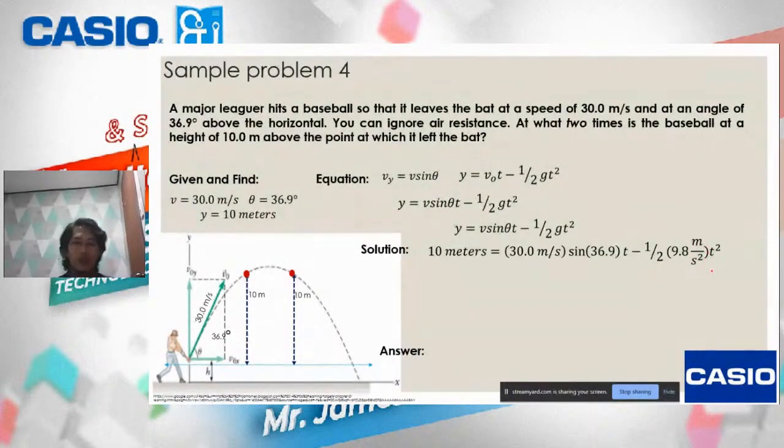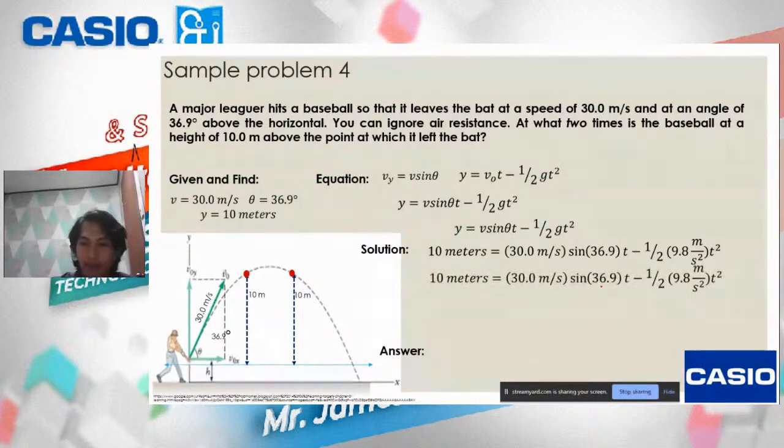Okay? So, how do we solve this? If you look at it, let's remove the values. It resembles our ax squared plus bx plus c, our polynomial, which is second degree.